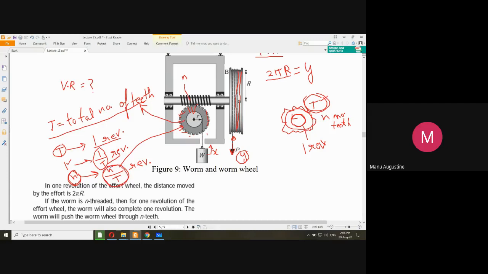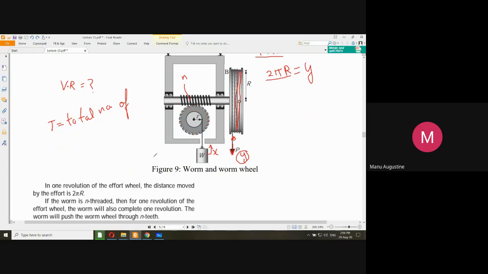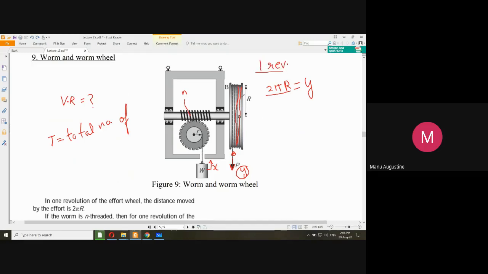Okay, so eventually I will remove all this. I am going back to one revolution of this disk. When it is rotated by one revolution, the worm will also rotate by one revolution.